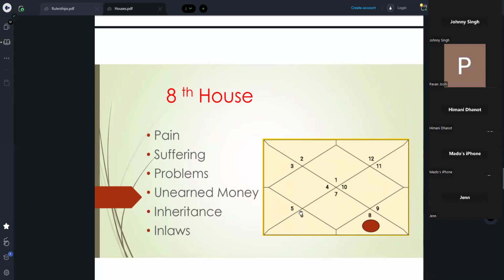But you can also see that in the next 4 months, their eighth house is also going to become active along with the sixth house.